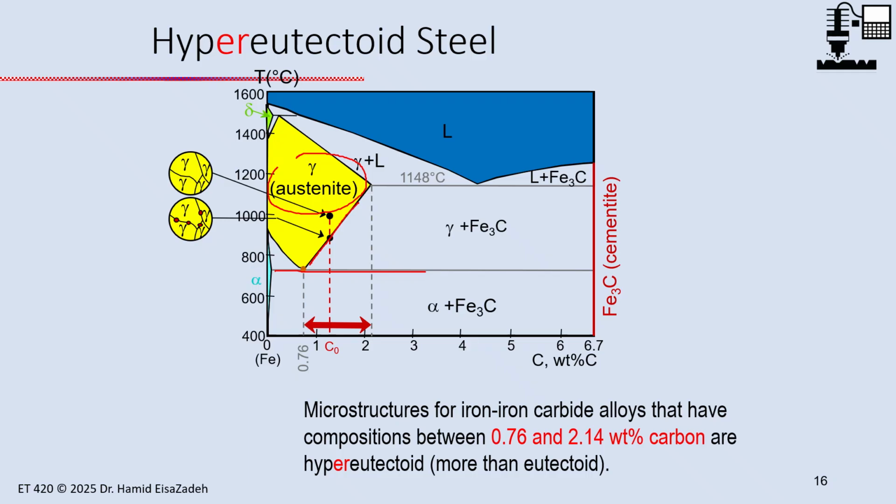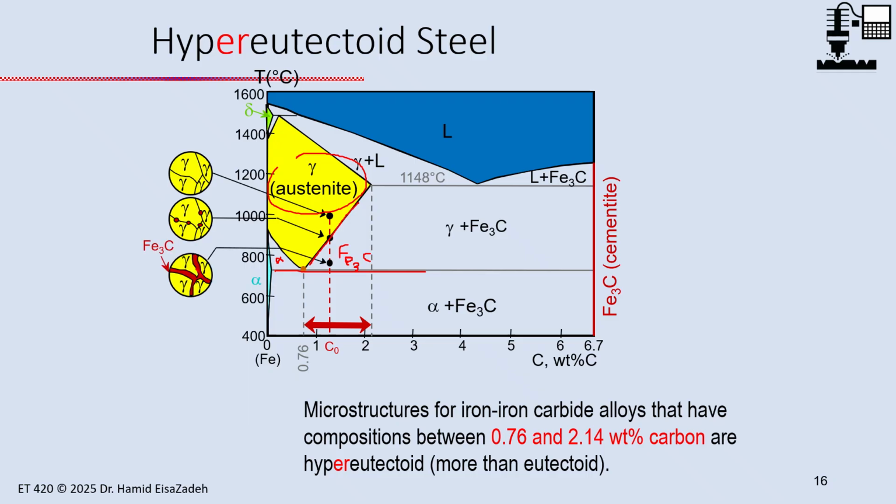Here at this point, some portion of gamma transformed to Fe3C. But on the previous slide, we mentioned that some portion of gamma was transformed to alpha. Here, because we have more cementite, or Fe3C, portions of gamma are going to be transformed to this phase.